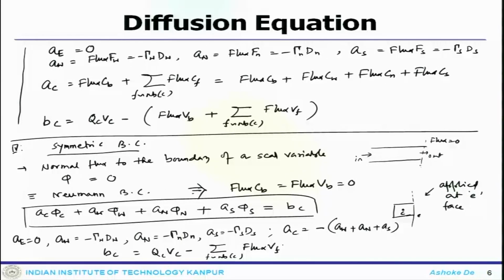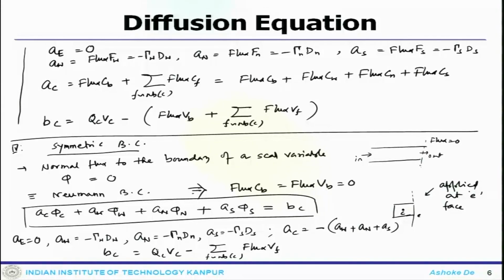So, we have actually looked at a particular stencil when exposed to the boundary condition, or rather different kinds of boundary condition, starting from the Dirichlet boundary condition, Neumann type boundary condition, mixed boundary condition and symmetry boundary condition. The discretized equation can be obtained and the corresponding coefficients can also be obtained accordingly.